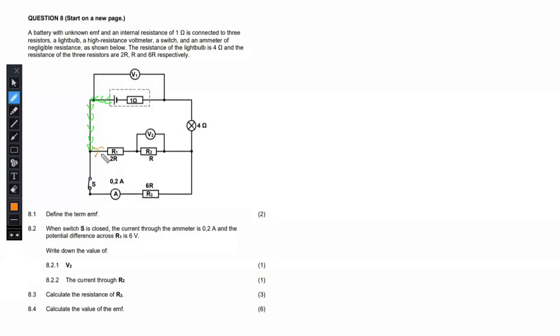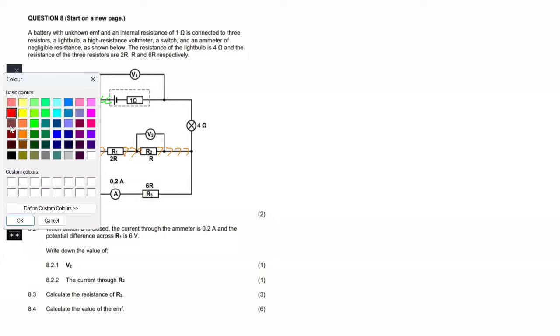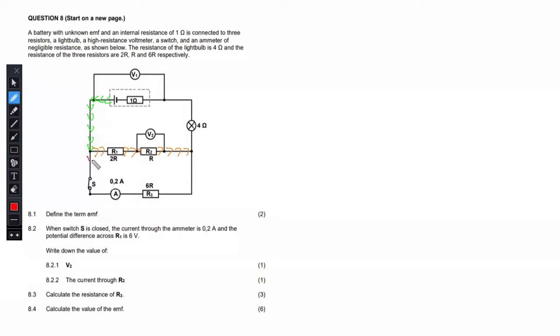So that means it will split. Some of the current will move through this branch here, meaning R1 and R2 have the same current, but some of the current will split and go in this direction here. So this ammeter is only reading the current of the 6R resistor, or resistor R3.